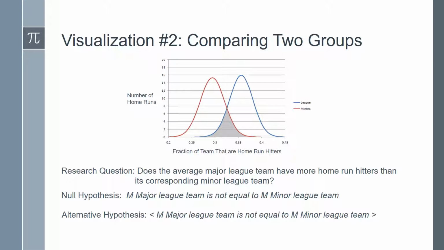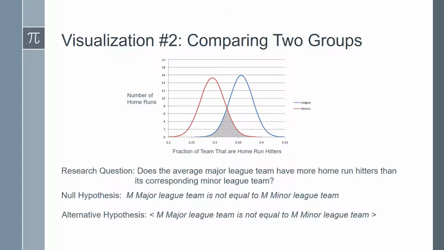So looking at this, we can generate a hypothesis. The null hypothesis: the mean of the major league team is not equal to the mean of the minor league team. Here the mean is the mean for the home run hit numbers.